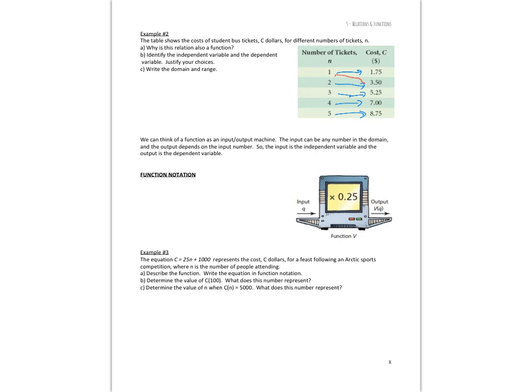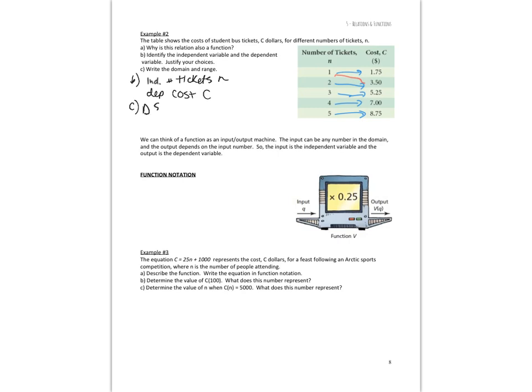Identify the independent variable and the dependent variable. So the independent is the one that does not depend on anything. So the independent would be the number of tickets, or n. The dependent would be the cost, or c. The domain and range, sorry.